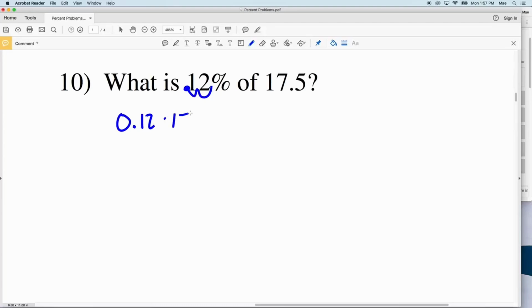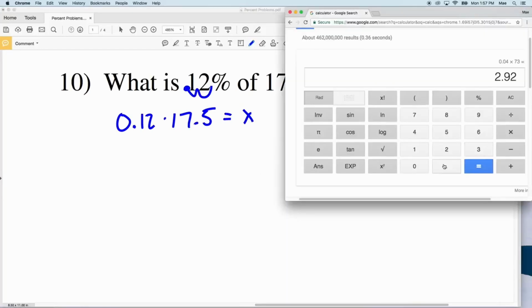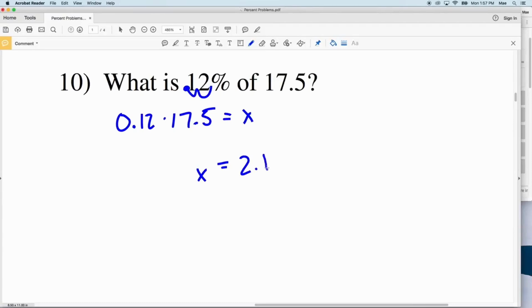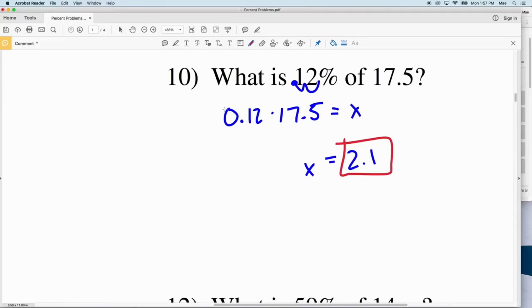So that's going to be 17.5. And that's going to equal some number, x. So we're going to do 0.12 times 17.5, and that's going to give us 2.1 for number 10. 2.1 is 12% of 17.5.